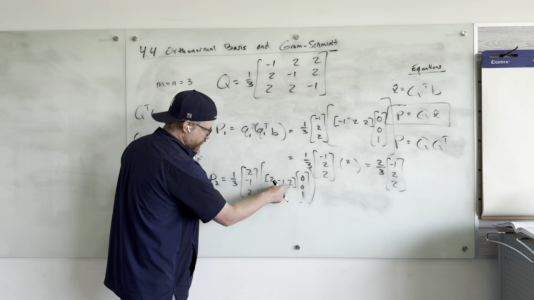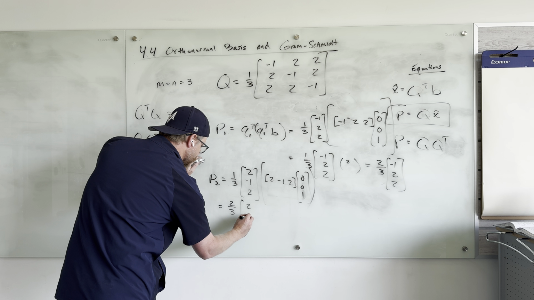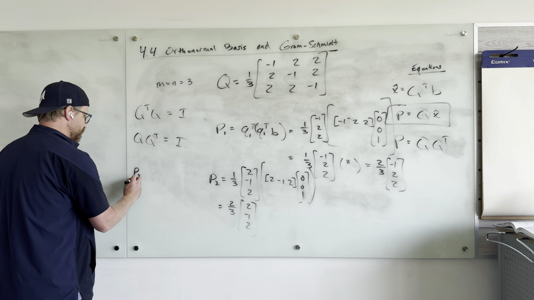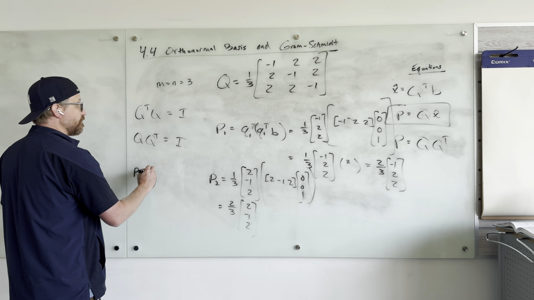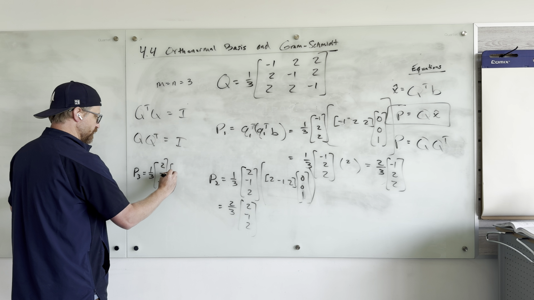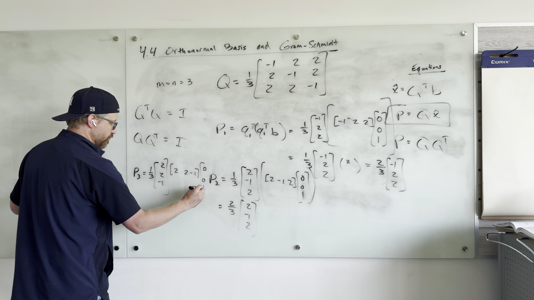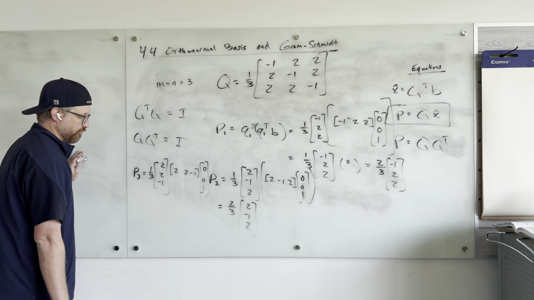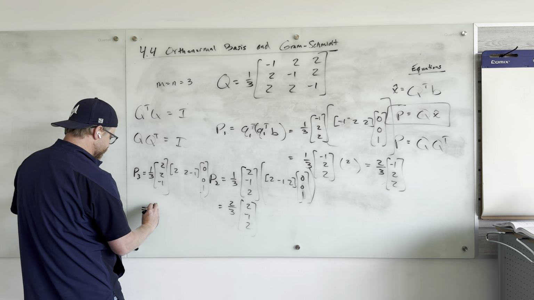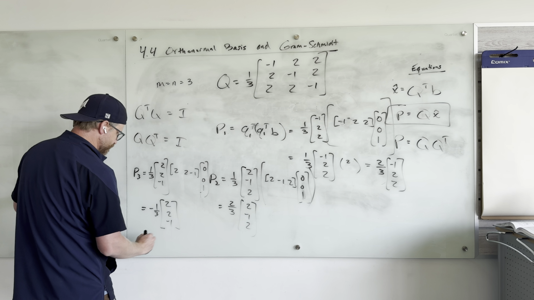Again, 0, 0, 2, so this is another 2/3, 2, -1, 2. And then if I do this for P3 as well, we've got 1/3 up front, 2, -1, transpose 2, 1, 0, 0, 1. Didn't mess up this time. And now we'll get -1/3, 2, -1. There's our P3.